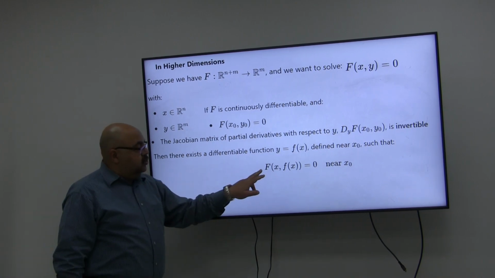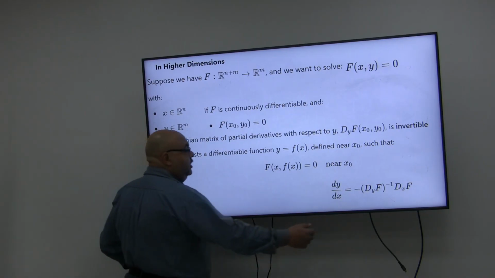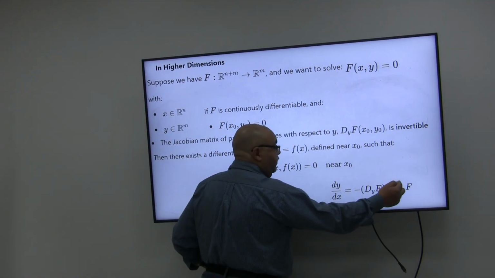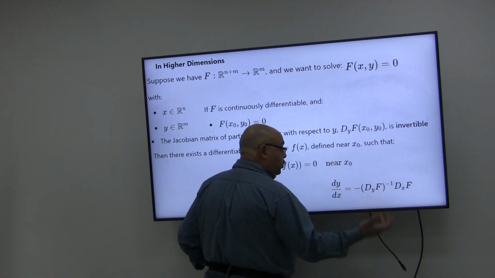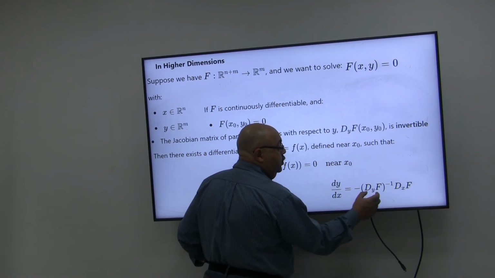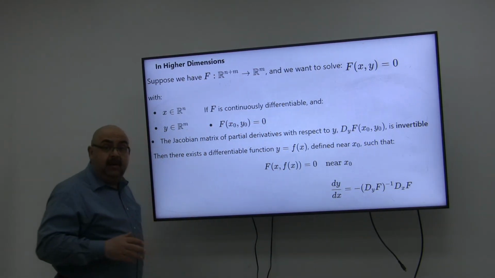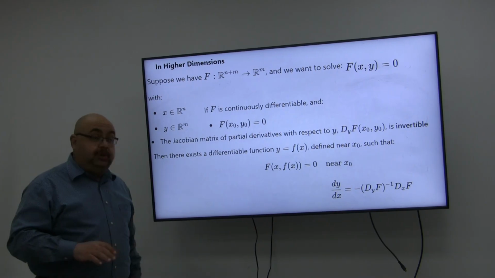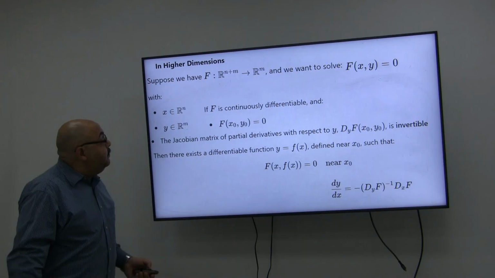Once the check is okay, I can find the derivative very simply by getting the Jacobian with respect to x multiplied by the Jacobian of f with respect to y to the power of -1. In matrices we don't have division, so this is like division exactly, but for matrices.